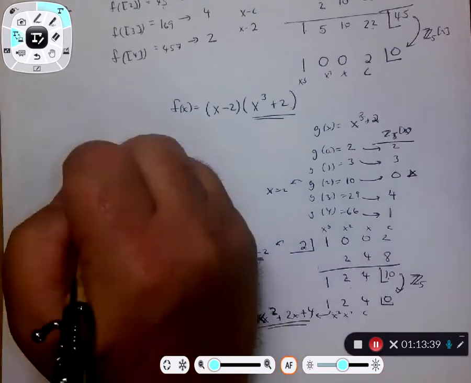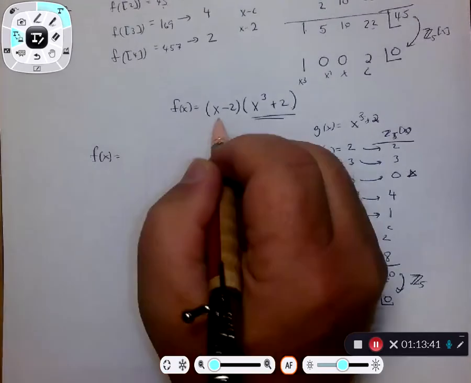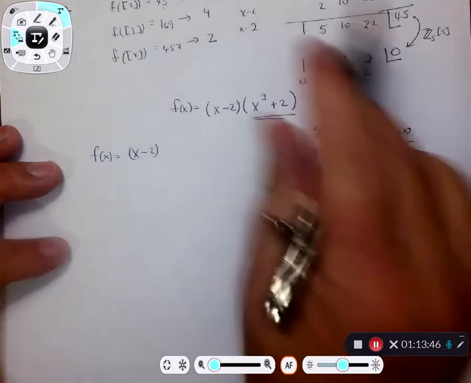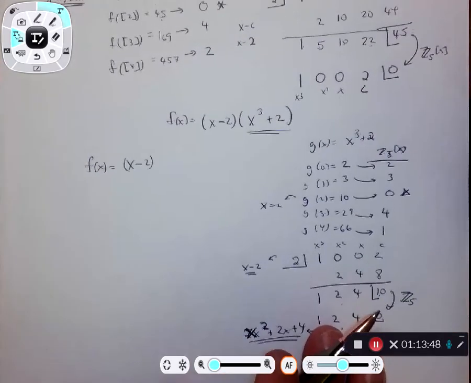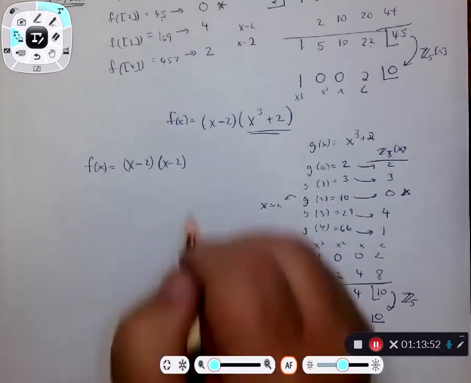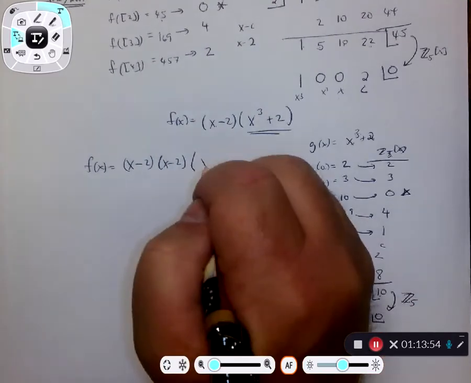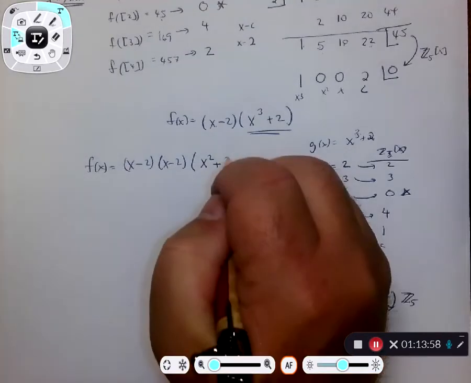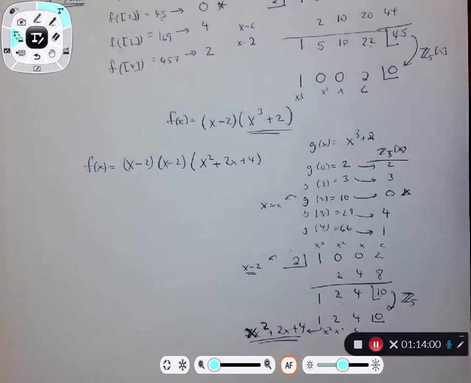So now I keep factoring that polynomial. It'll be x minus 2 from that first division that we did. I got another x minus 2 because this was a double root, and then I got the rest of it, which now reduces down to x squared plus 2x plus 4.